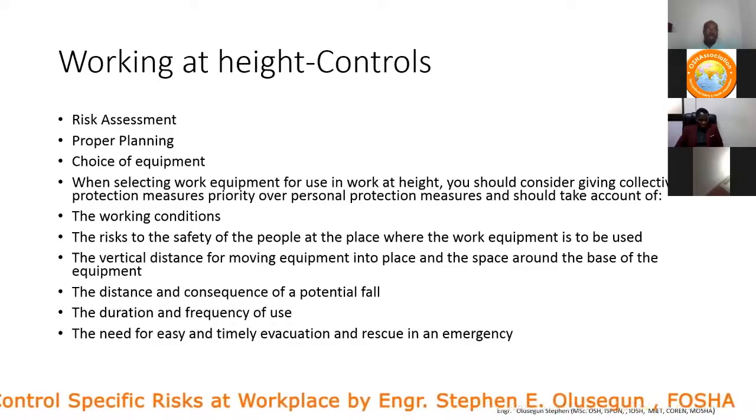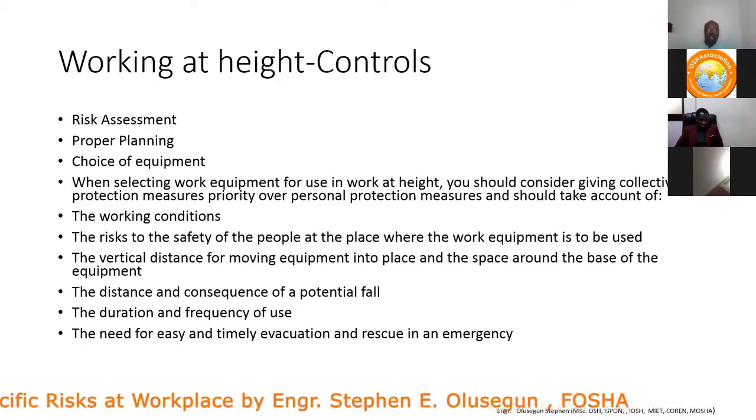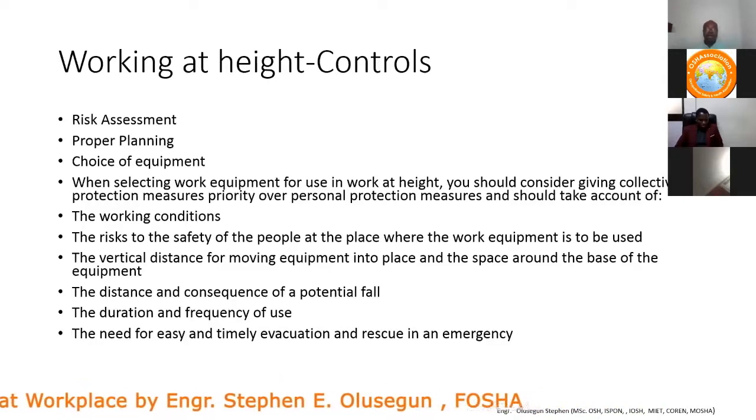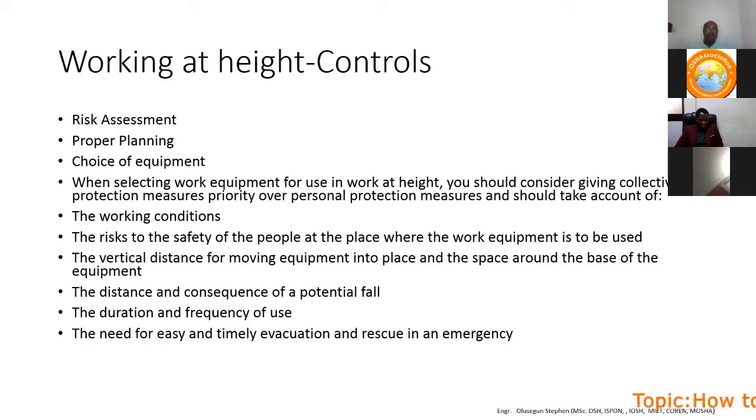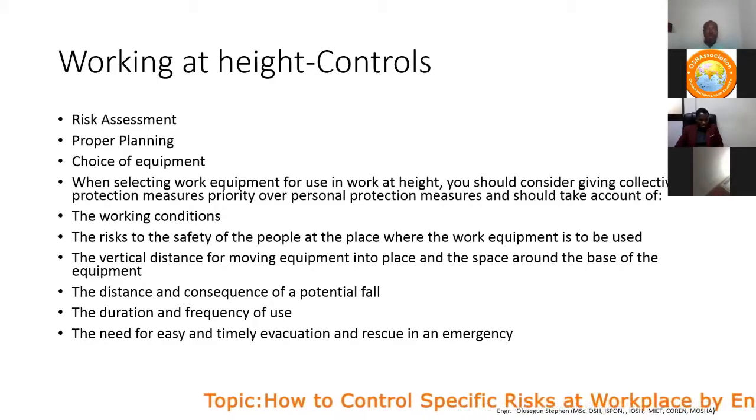The vertical distance for moving equipment into a place and the space around the base of the equipment, you need to consider for it to be effective. The distance and the consequences of a potential fall, these are above your personal protective equipment. The duration and frequency of use, and the need for easy and timely evacuation and rescue in an emergency.